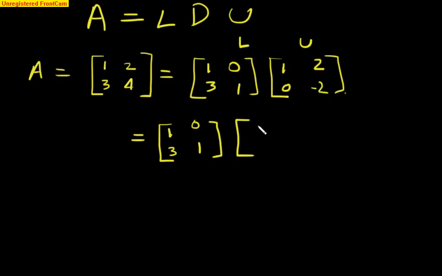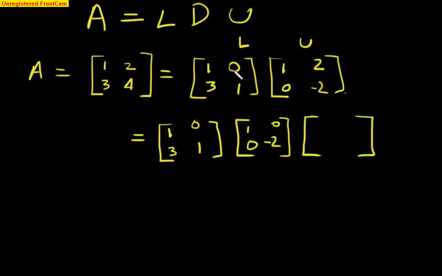Just write down the diagonal of U. A diagonal matrix is a matrix whose diagonal elements are non-zero, or you can say a diagonal matrix is a matrix whose elements are all zero except its diagonal elements. Now we have to find the new U.